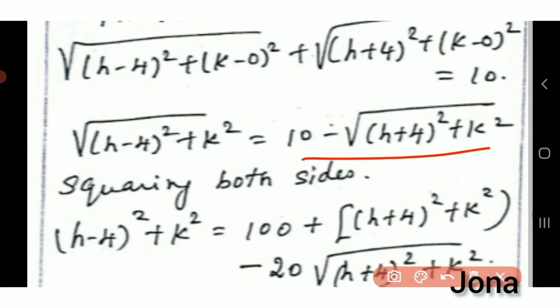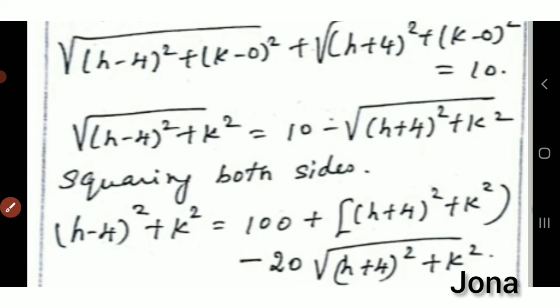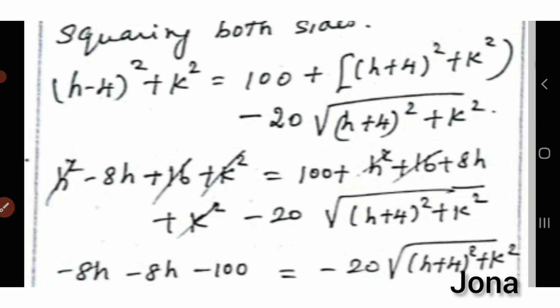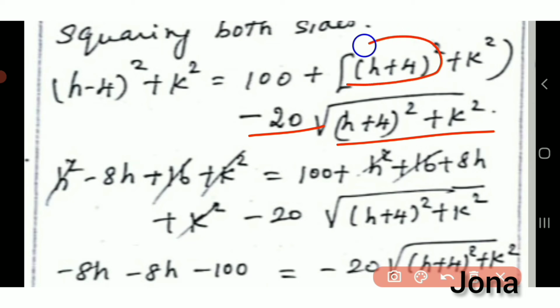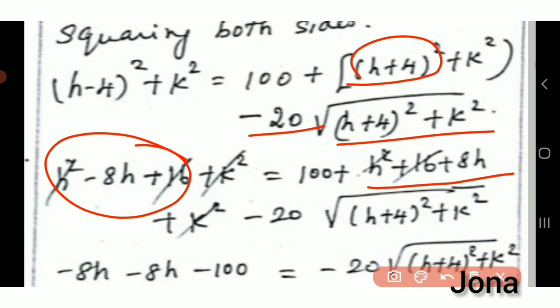On the right hand side, (a - b)² we expand: a² is 100, b² is (h + 4)² + k², minus 2ab is minus 20 root of (h + 4)² + k². If we expand (h + 4)², we have h² + 16 + 8h. So we can cancel the same thing from here, and this k² also gets cancelled.